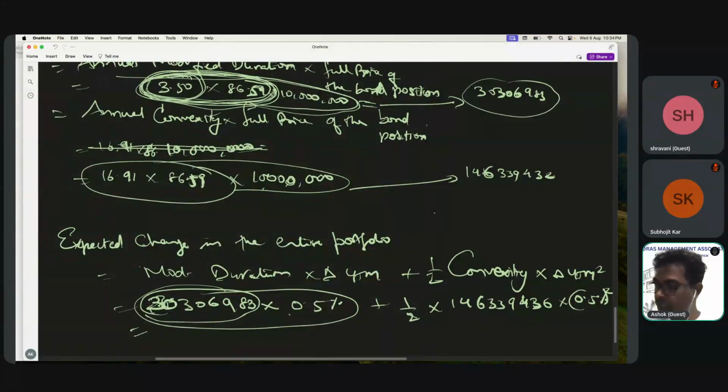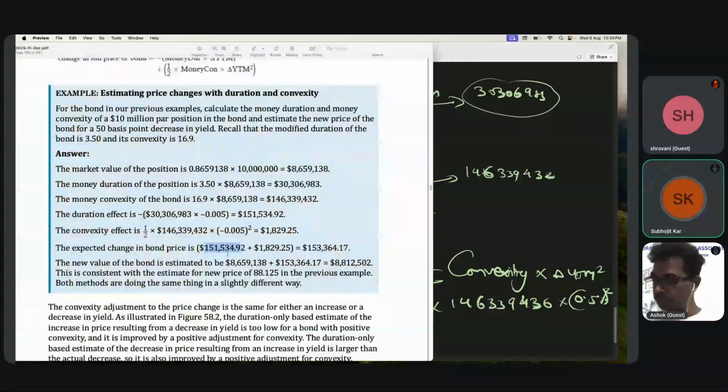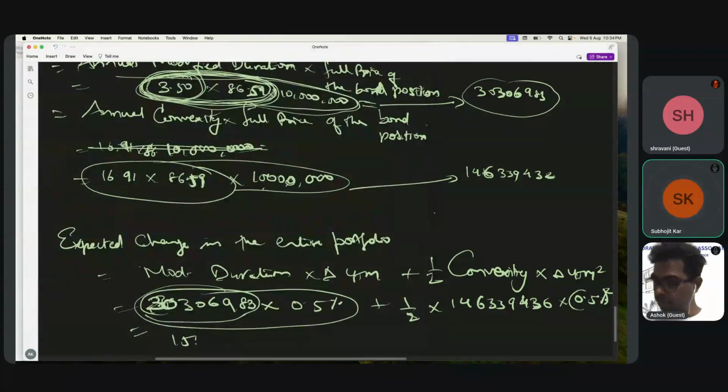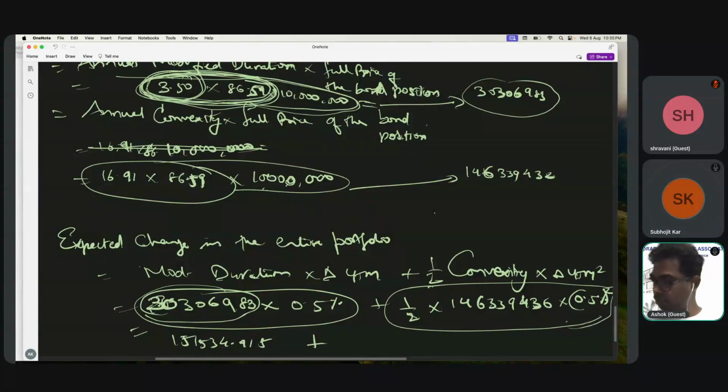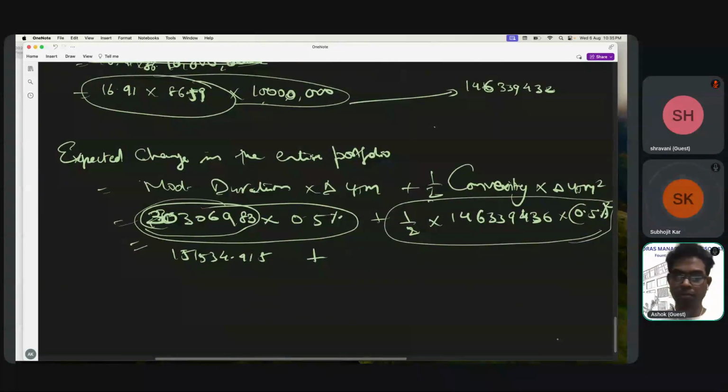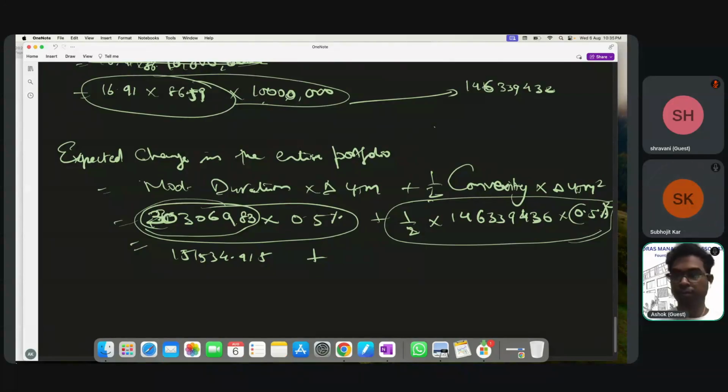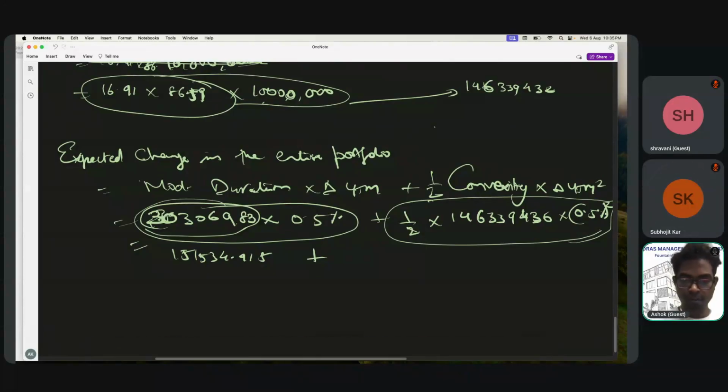30,306,983 into 0.5 percentage is 151,534.915. Okay, plus, now calculate all this.